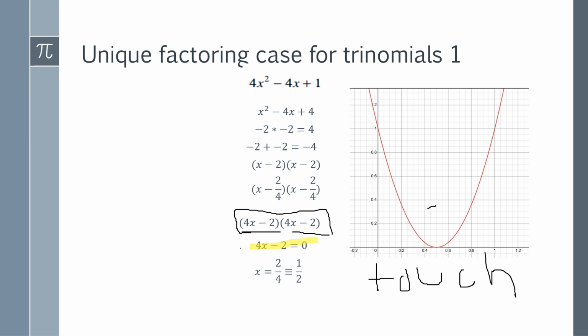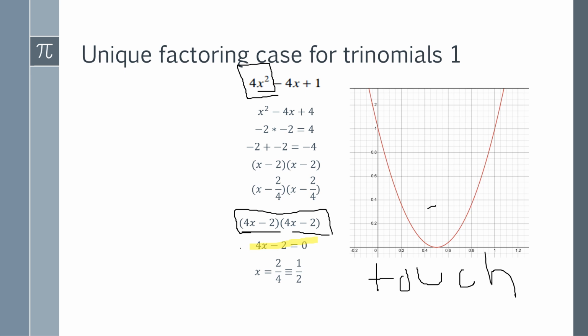So remember the question I asked you earlier? Does the leading exponent always tell you the number of solutions you have? Not always. Sometimes you could have a multiplicity of 2. And when that happens, your solution is just going to be one repeating solution.